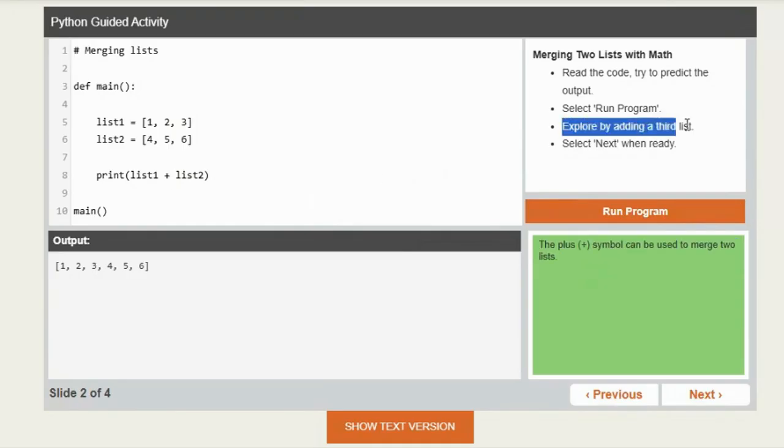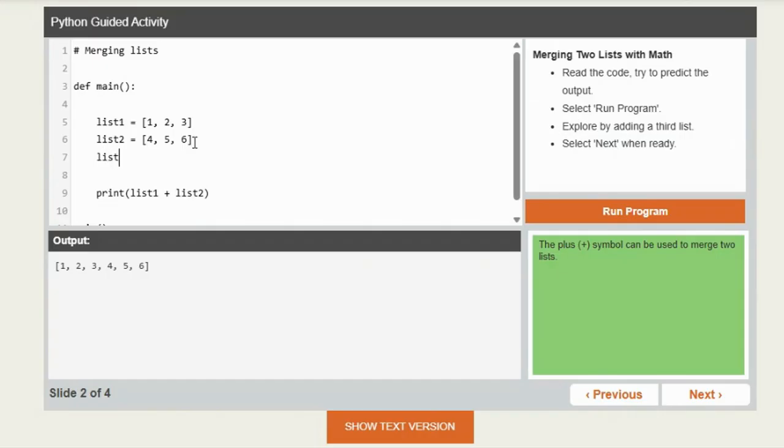It says explore this by adding a third list. Okay, well, let's add another list. List 3 equals bracket. I wonder if I make it a float value, what it will do. What if it'll convert everything to a float, or just add this to the other one? So there, we made a third list.